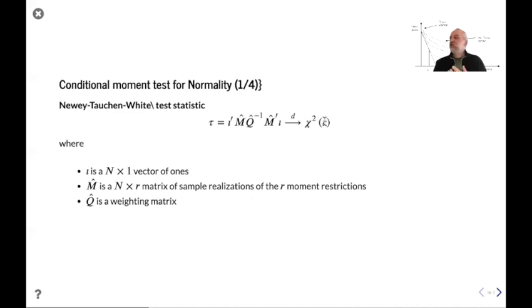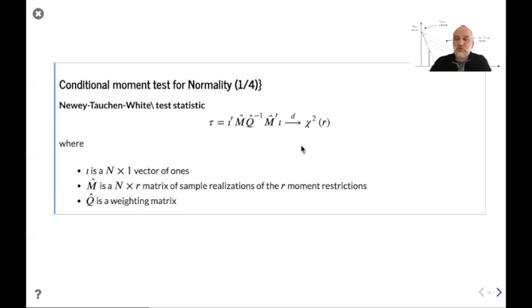We take restrictions or a test statistic that's asymptotically normally distributed, normalize it by the variance, square it, and add them up for as many restrictions as we have. That's going to be chi-square distributed with the number of degrees of freedom equal to the number of restrictions that you have.